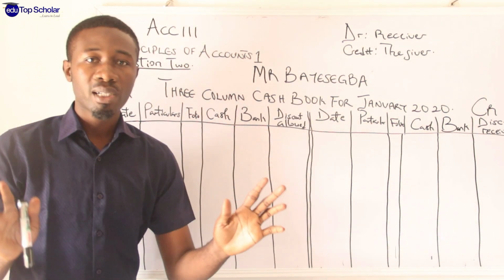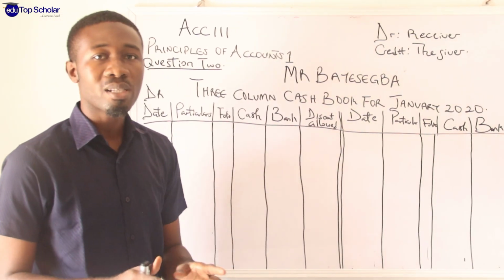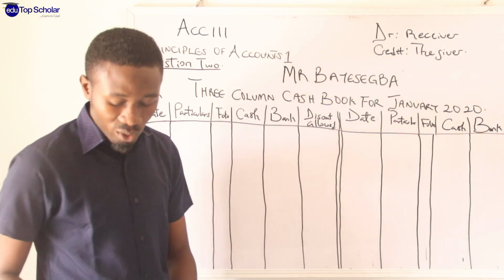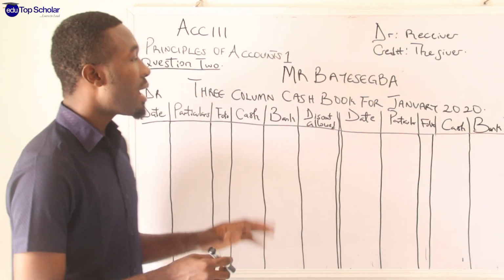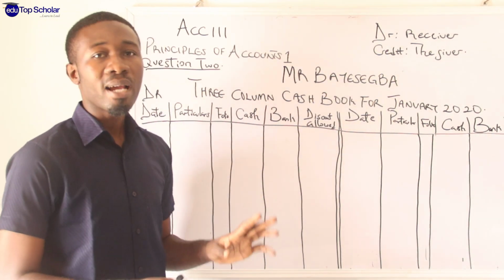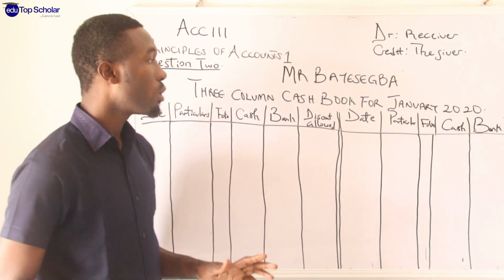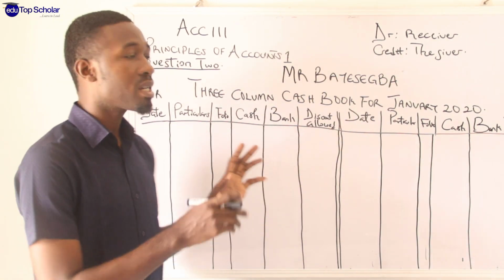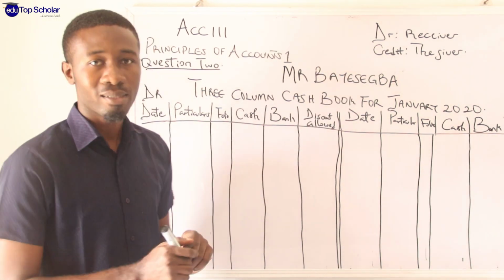So don't stress, don't panic when you have any capital in your question. When you read the question and you find out that it is a capital and you are working on either a single column, a double column, or a 3-column cash book, just bring such transaction that you have identified to be capital to the debit side.